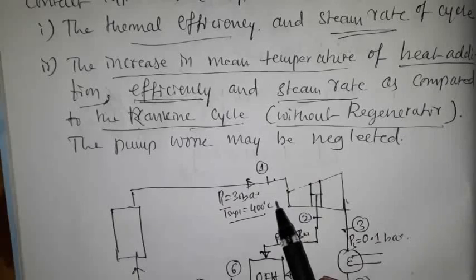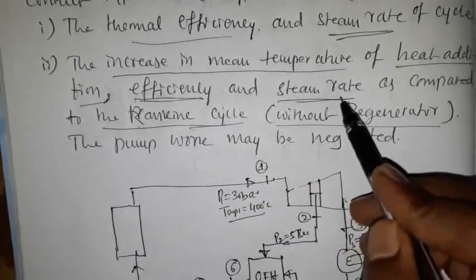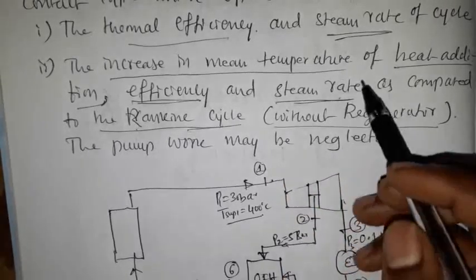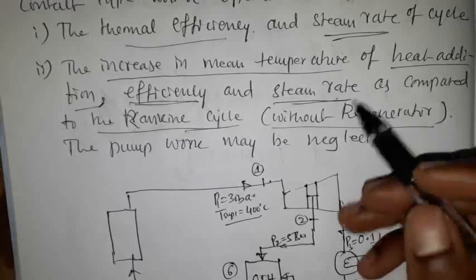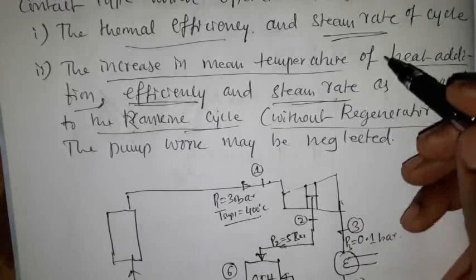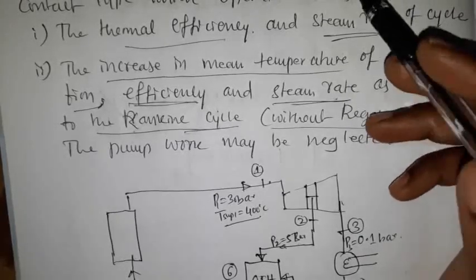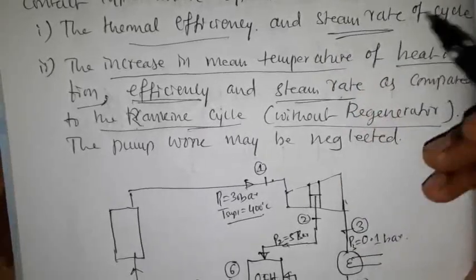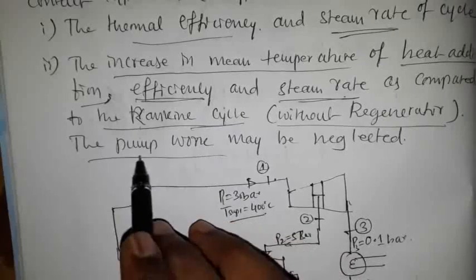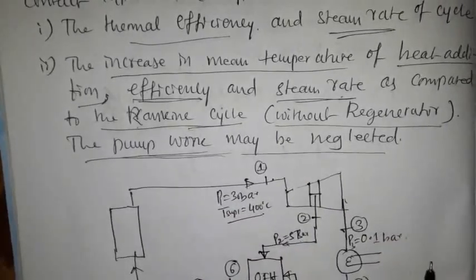It means we need to calculate the efficiency, steam rate and mean temperature of heat addition for a simple Rankine cycle without regenerator, and calculate the increase in all these parameters when we run the plant with regenerator. Neglect the pump work in this problem statement.